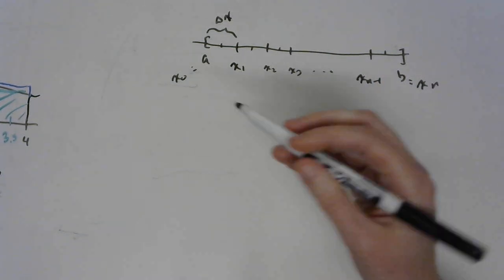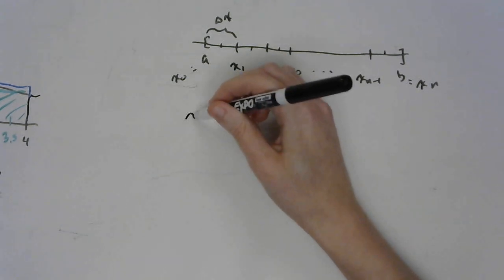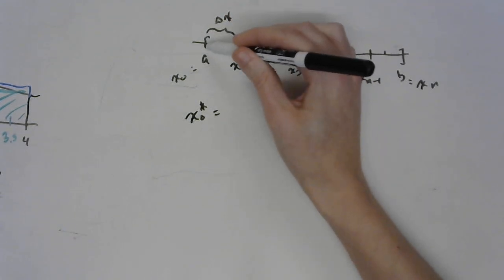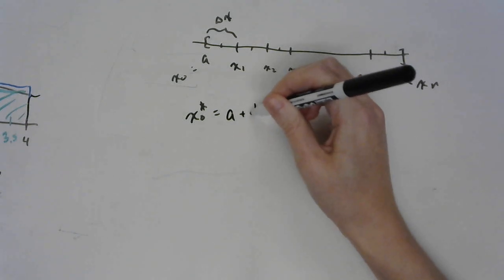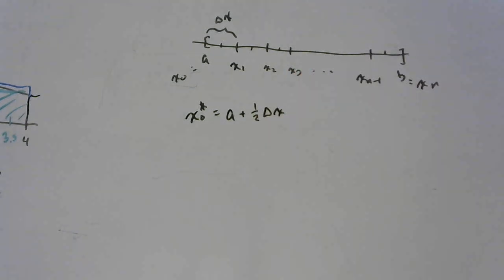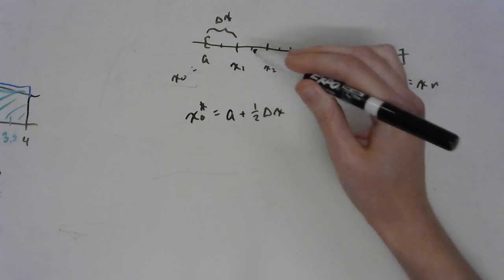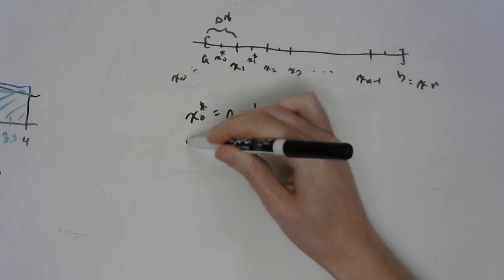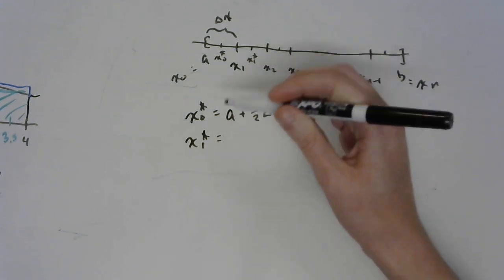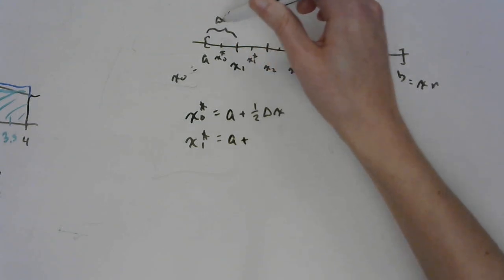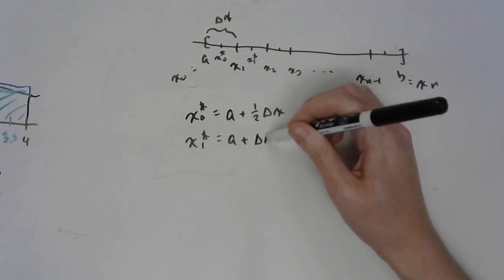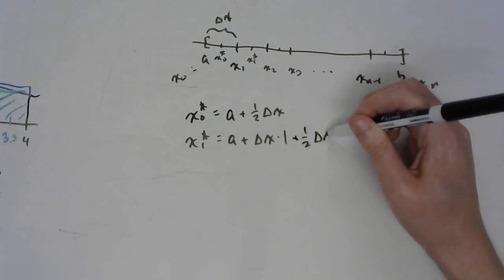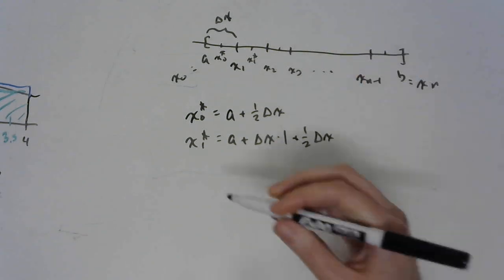If I want to get from a to my midpoint, my x sub 0 star, instead of jumping all the way to x sub 1, I want to jump half that distance, so I take a plus half of my delta x. Now for my x sub 1 star, this point right here, I'm going to again start at a, jump over by delta x to get to x sub 1, and then hop over by another half of delta x to get from here to here.